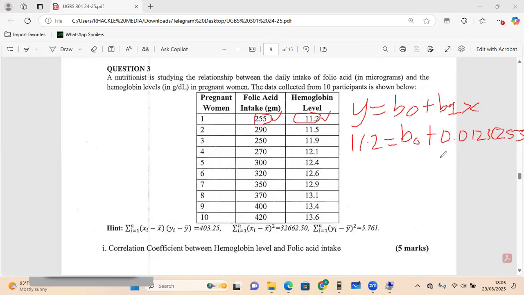Right. So now, if we want to get B0, we have to multiply this by this and then move it to the back of the equal sign. So we are going to get 11.2. This is positive, but when it moves across it becomes negative, so minus.